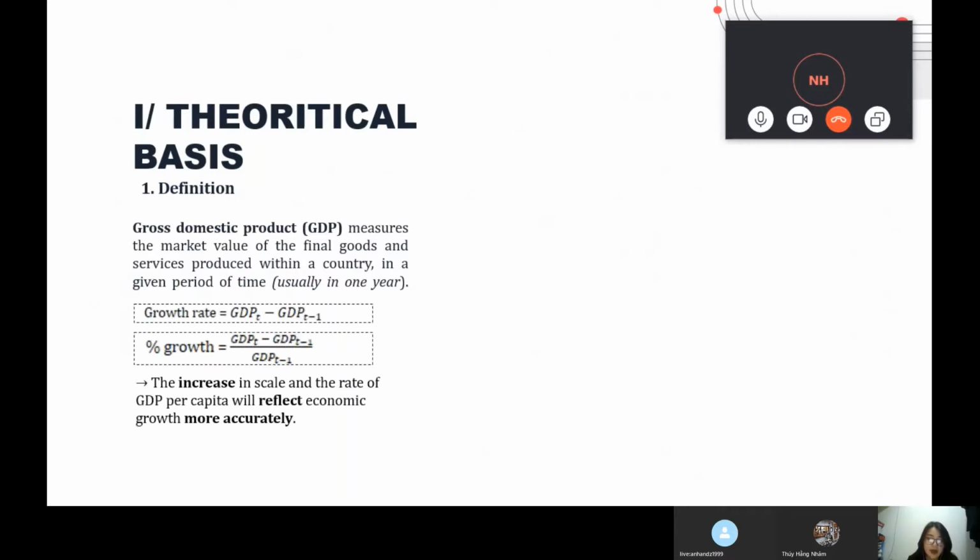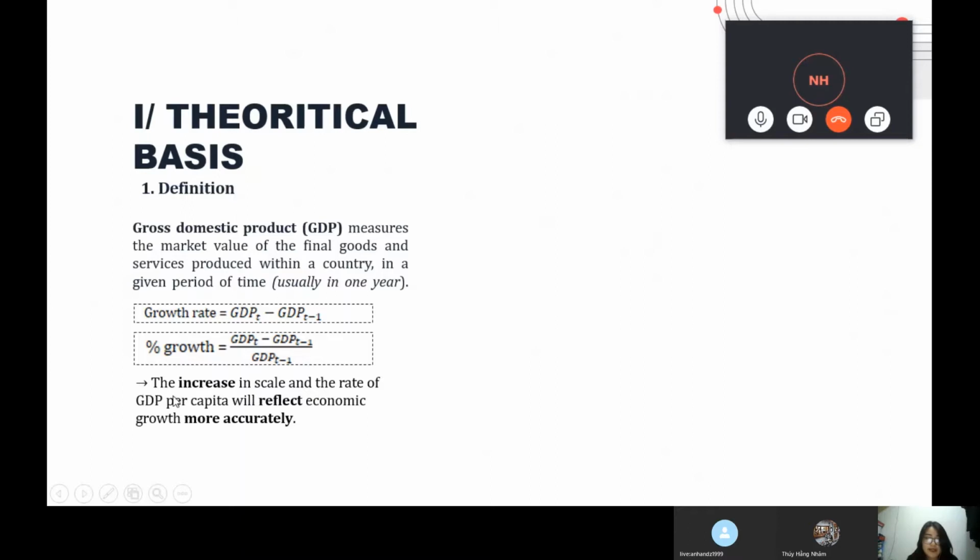It will be given by the formula with the growth rate equal to the GDP of the research year minus the GDP of the base year. And compared to the base year, we will have this formula: the percentage growth equals the GDP of the research year minus the GDP of the base year divided by the GDP of the base year.